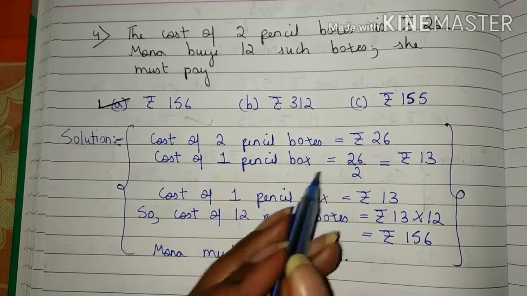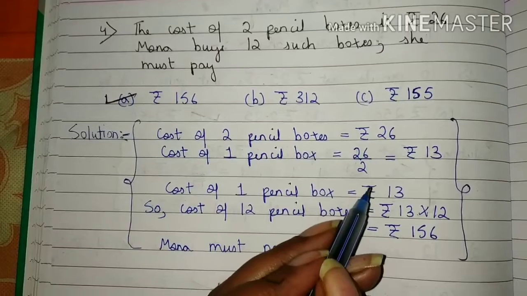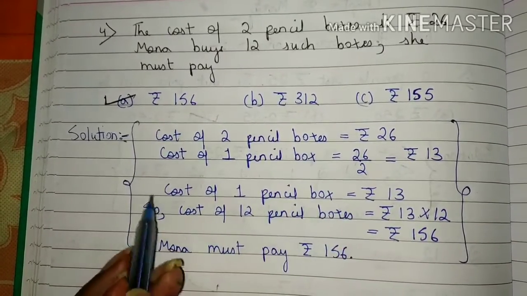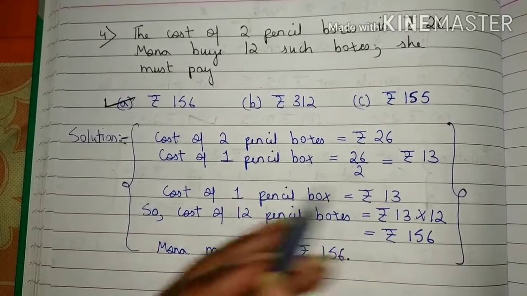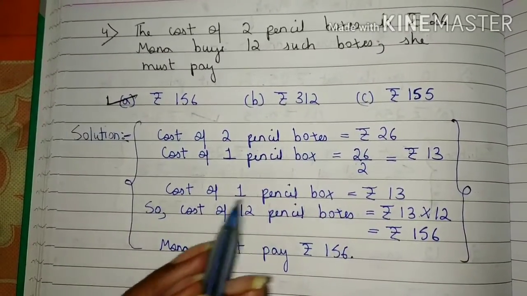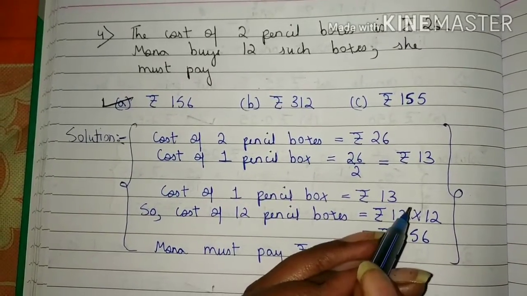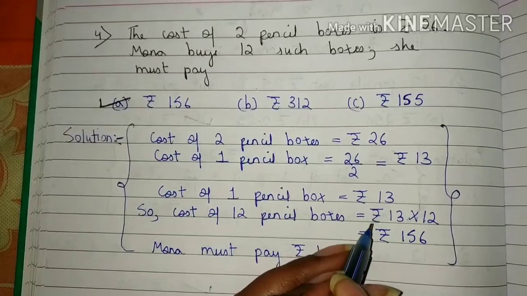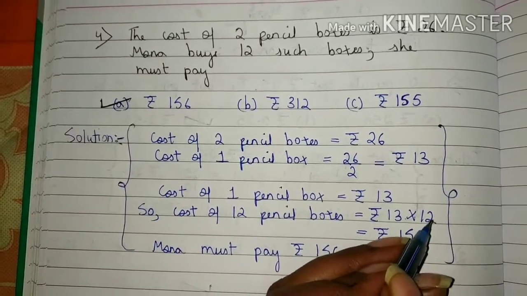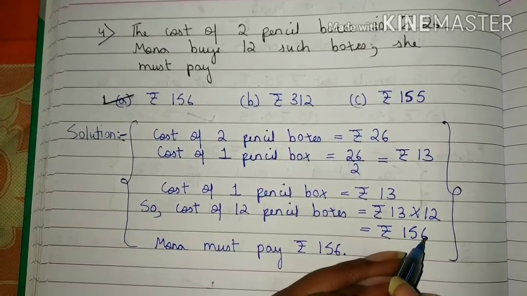Now students, you have to find the cost of 12 pencil boxes. Students, if cost of 1 pencil box is rupees 13, so cost of 12 pencil boxes is rupees 13 into 12. Students, when you multiply rupees 13 by 12, you will get answer rupees 156.